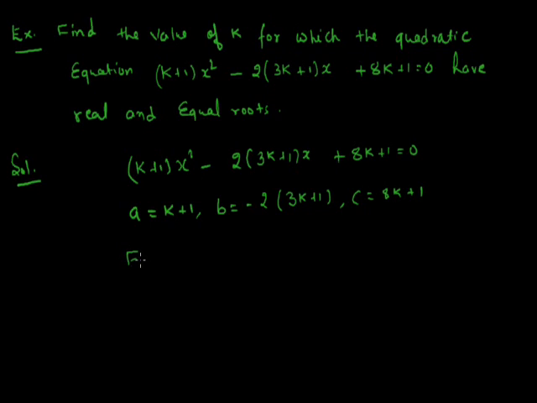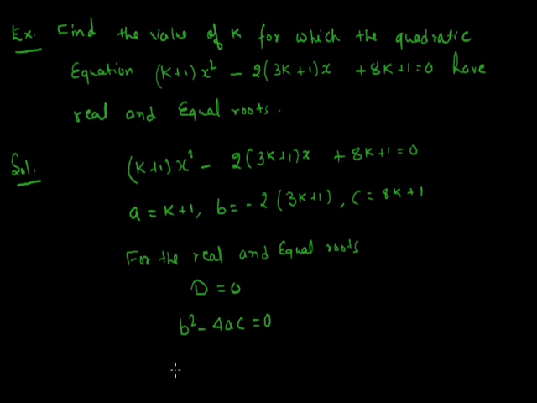Now for the real and equal roots, D will be equal to 0. D is b square minus 4ac, so b square minus 4ac will be equal to 0.